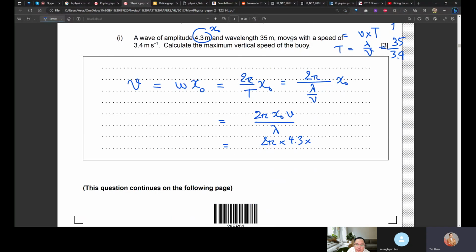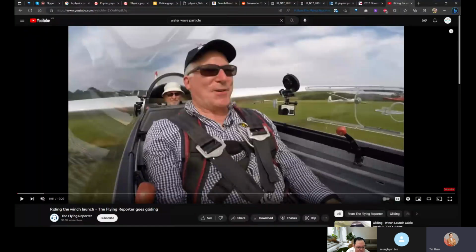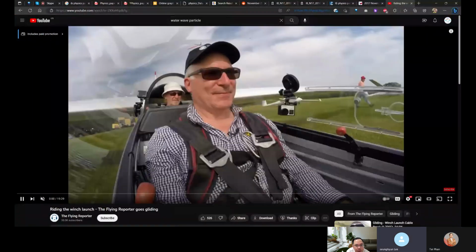The speed, wait, this is the speed of the wave. The speed of the wave is different from the speed of the particle oscillating up and down. The speed of the wave is the distance that the wave travels in 1 second, from the left to the right. For example, we see a wave particle.